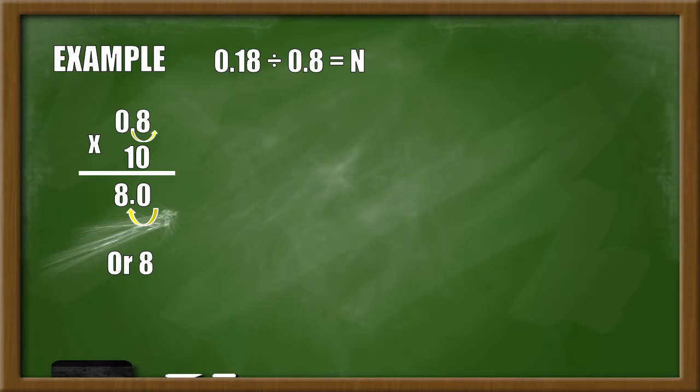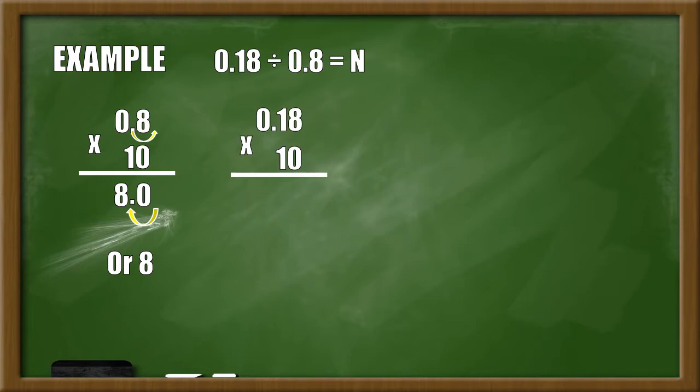Okay, we are done multiplying the divisor by 10. Now, we will multiply also the dividend. So the same way what we have done to our divisor. So 0.18 times 10.